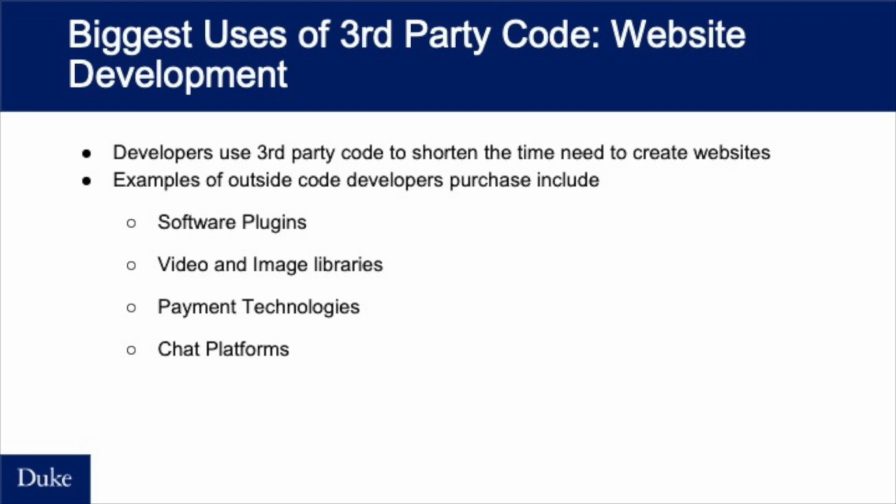The main functional purpose of third-party code is it makes it easier on developers trying to create websites. Instead of recoding outside functions, developers will take third-party code packages that contain already developed functions and simply add them onto their website. This shortens the time website developers need to create websites, and like I said before, it can include things like software plugins, video and image libraries, payment technologies, even chat platforms.